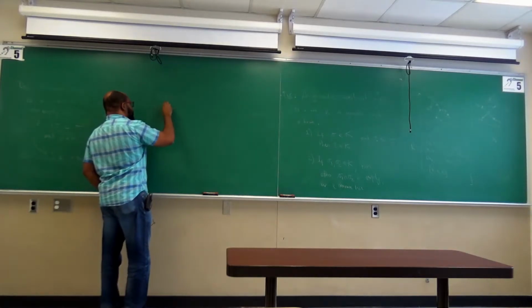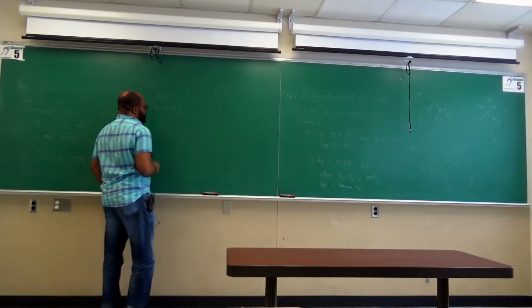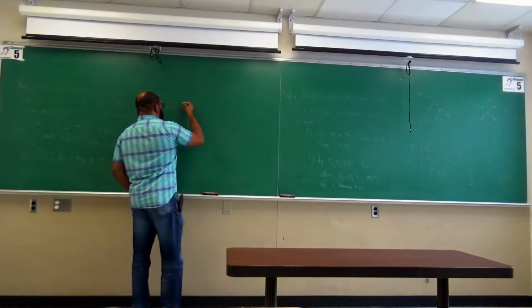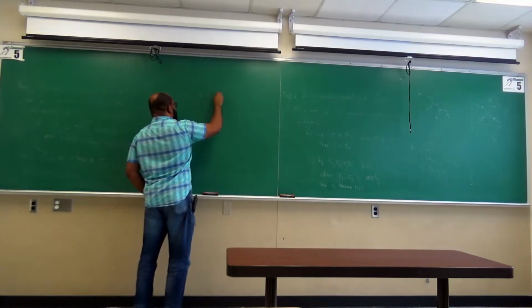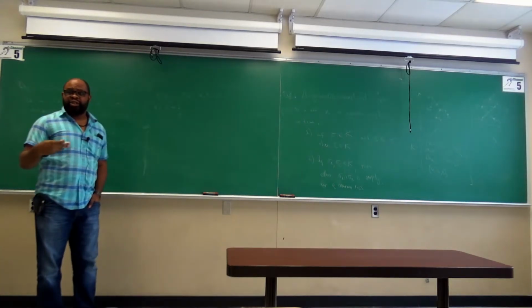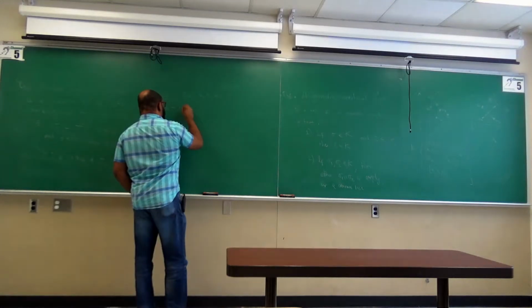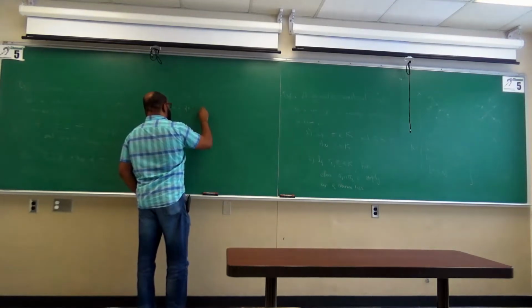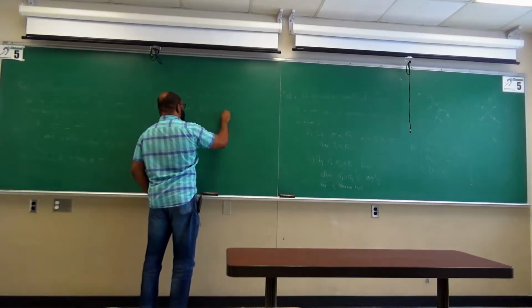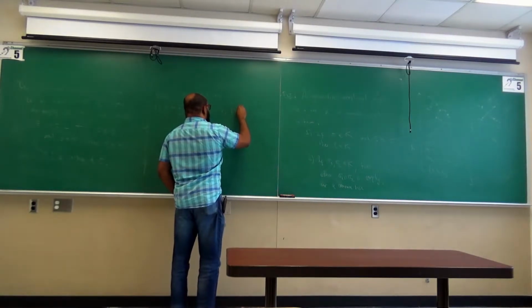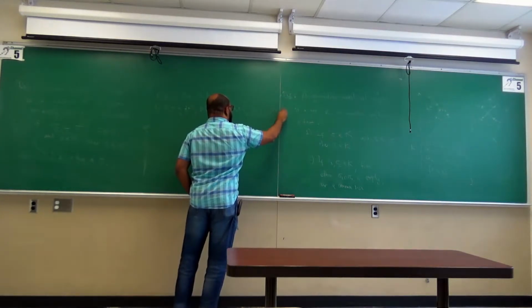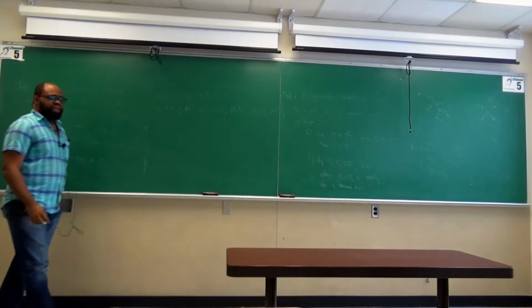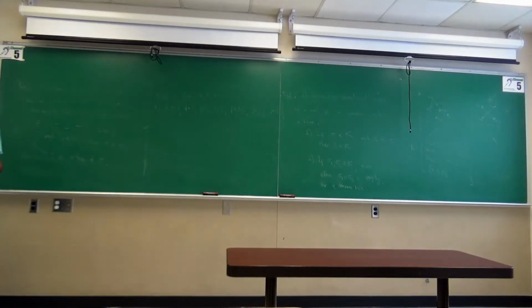I'm going to let K be the collection. I'm going to fix A, B, and C, just variables, just letters. So K is going to be A, B, C, A B, B C, and A C. I claim that K is an abstract simplicial complex.